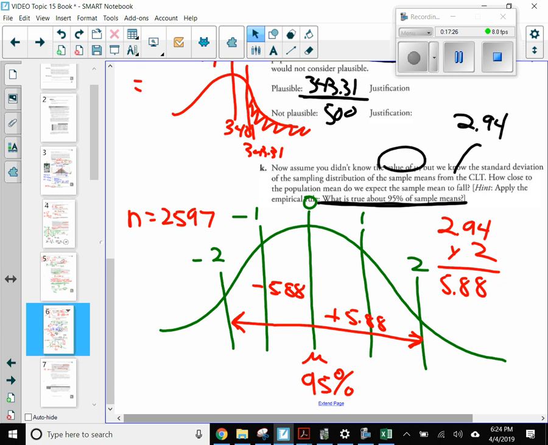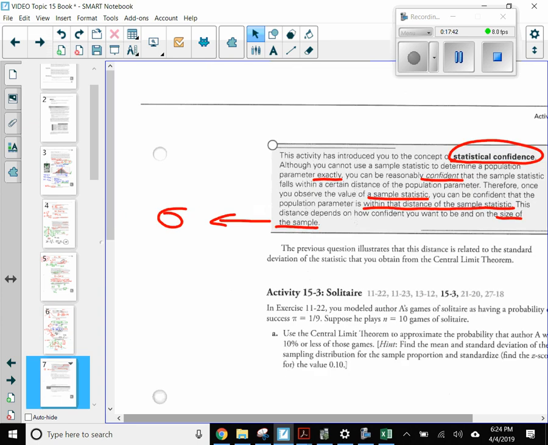If we only wanted to be 68% confident, to get closer to the mean, then we would use one standard deviation to calculate our distance from the mean. So this concept of statistical confidence is going to come up a lot more when we talk about confidence intervals.